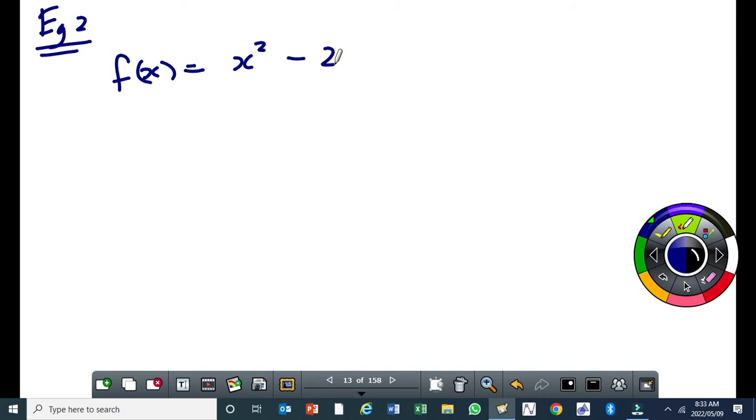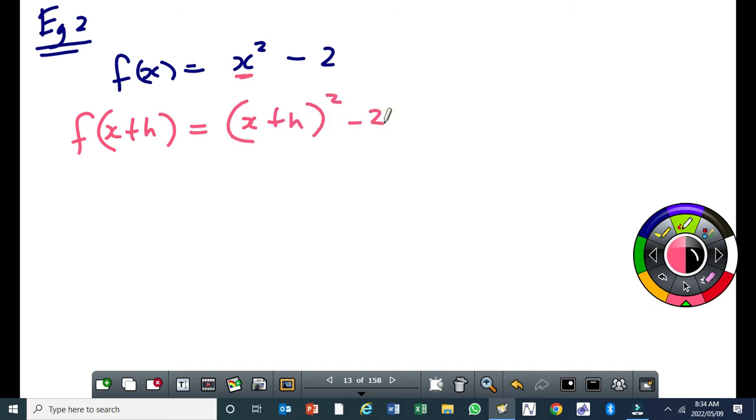First thing, I'm going to determine f of x plus h. Because it's going to be a long expression, f of x plus h will be equal to, I just have to substitute x plus h where there is x. So we'll end up having x plus h squared minus 2.